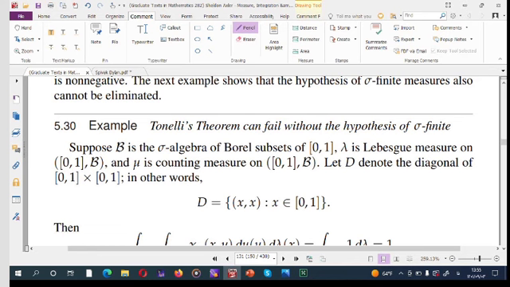This is a subset of this product space. And we consider the product measure lambda times mu, where this is Lebesgue measure and this is counting measure.